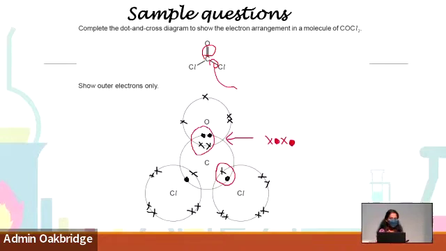Because my O has 6 valence electrons, while my carbon has 4 valence electrons. So oxygen has 1, 2, 3, 4, 5, 6. How many more electrons does the oxygen need to be stable? I need 2 more. So that 2 more will be given by my carbon.